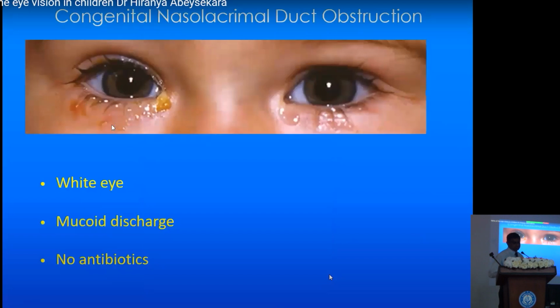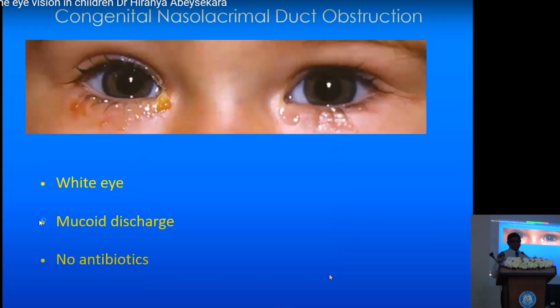So this is just the normal eye discharge in a little bit more augmented amount. So here, if the eye is white, again you can check whether there's any reaction going on inside the fornix. If it is a normal pinkish color, don't prescribe anything.